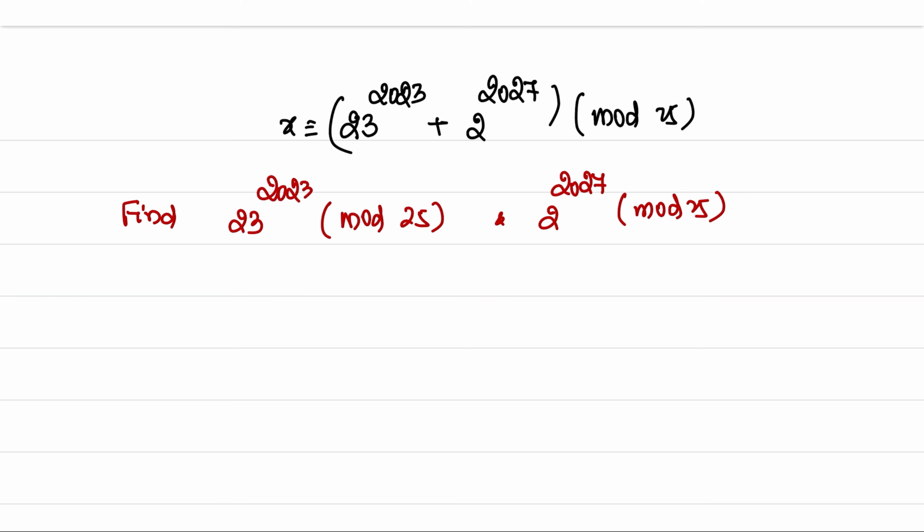Here, we will use the Euler theorem. I have explained how to use Euler's theorem in my previous lectures. Please refer to them. Let's go for the first one, 23 to the power of 2023 mod 25.